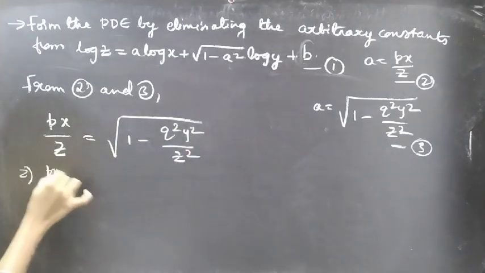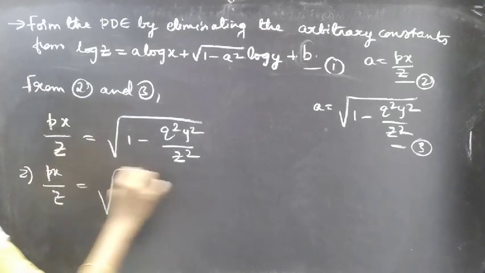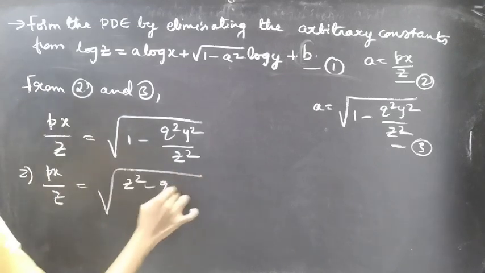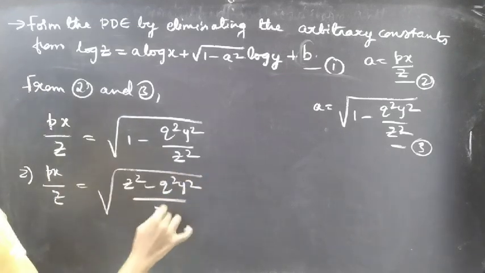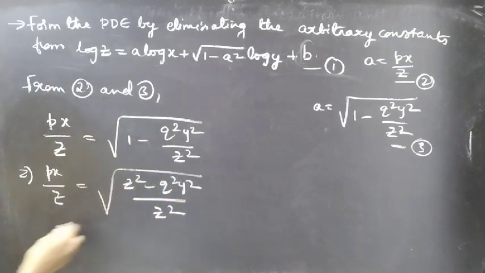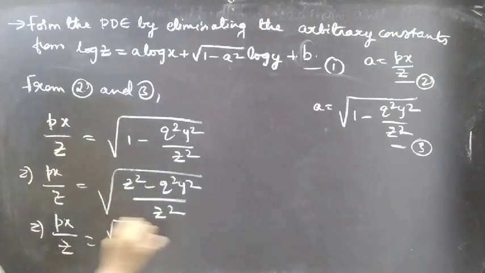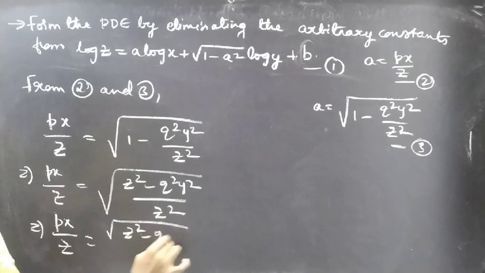Then px by z equal to square root of (z square minus q square y square) by z square. Again we can split this square root as square root of (z square minus q square y square) by square root of z square.